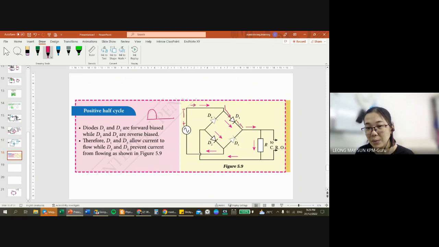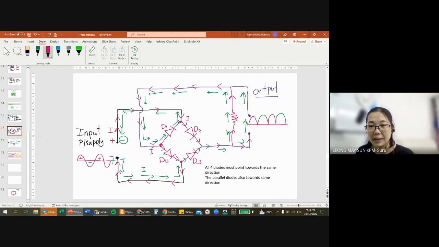So when the current flows through D1, passing through the resistor, and then it goes back to the junction to D2, and then D2 will go back to the negative terminal. This is the first part. So the current actually flows through the resistor in this situation from top down. For mine, the current flows from bottom up.